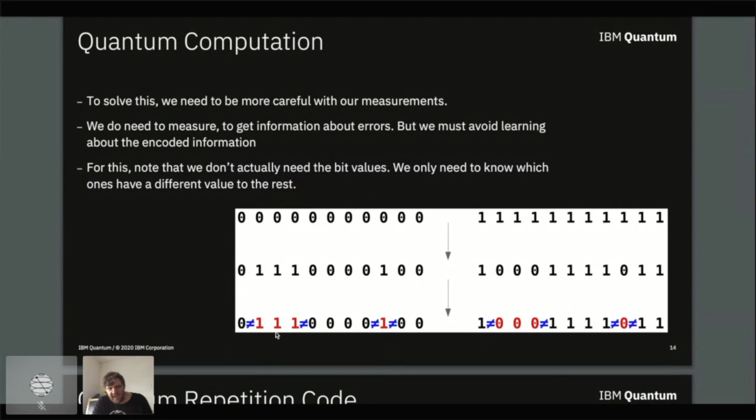It will tell you exactly the same results as if you had just done a 0 or a 1. So this is the information we need to extract. We need to take two qubits and ask, in the 0-1 basis, are you the same or different? And extract that one bit of information, same or different, without actually looking at what they are.